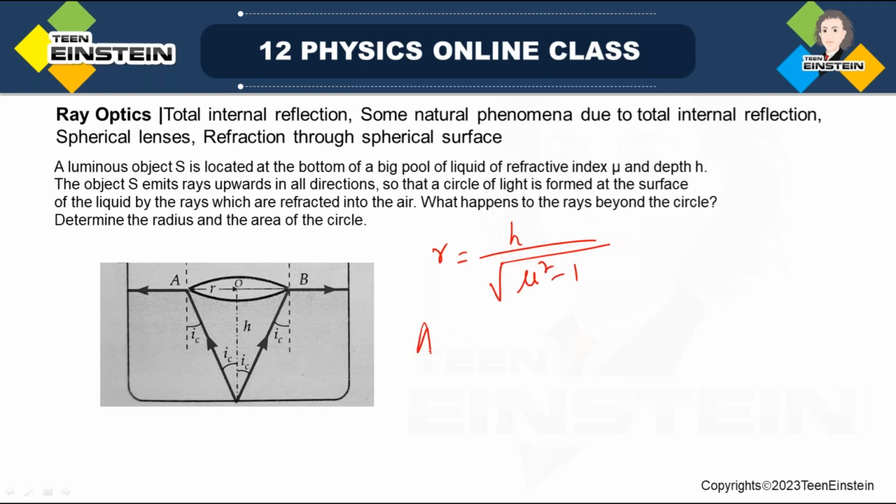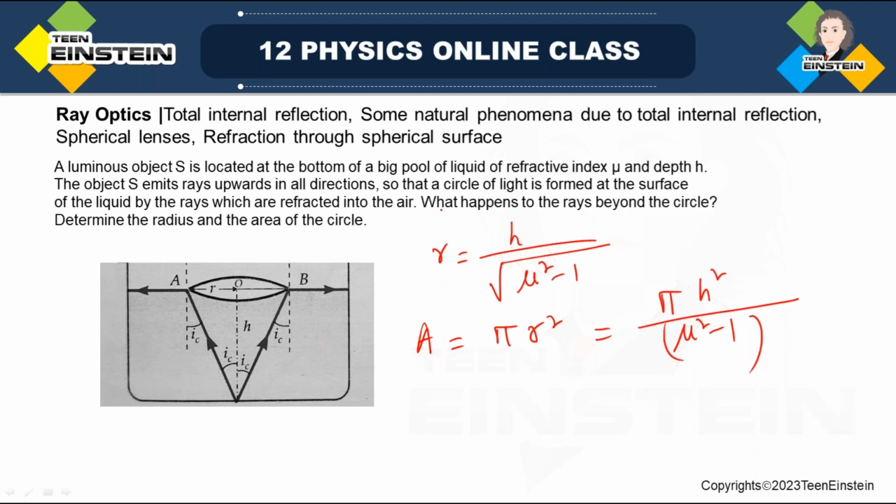So area will be pi R square, so pi H square divided by mu square minus 1. This will be the area of the patch. So guys, I think you have understood how we have done this.